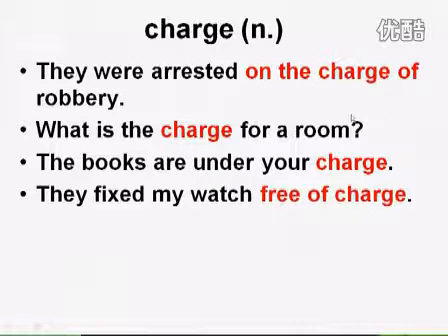Number 2, what is the charge for a room? 那么这个房间，一间房间要收取多少费用呢？Charge. The books are under your charge.